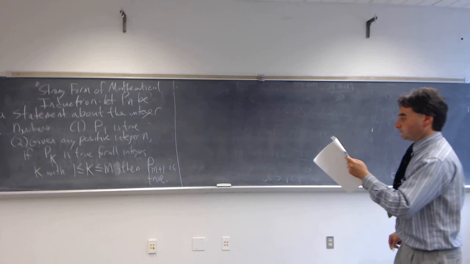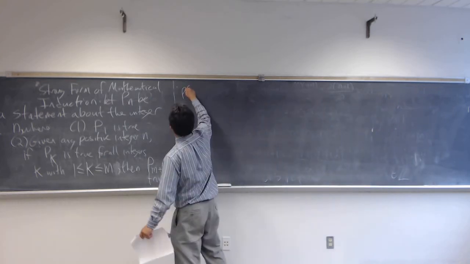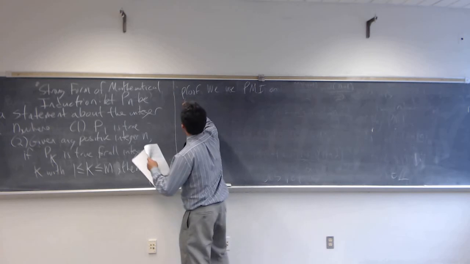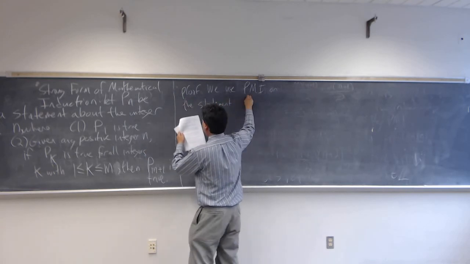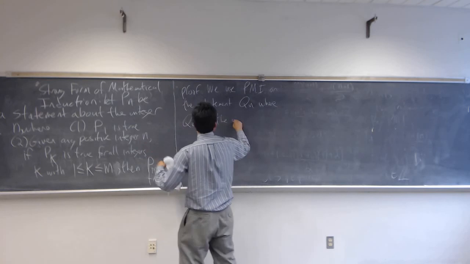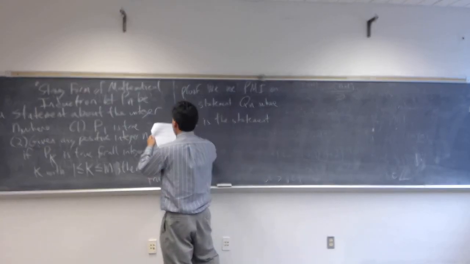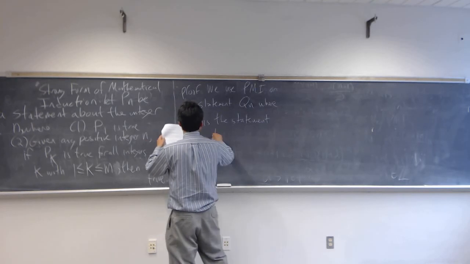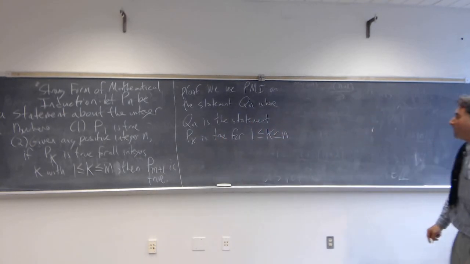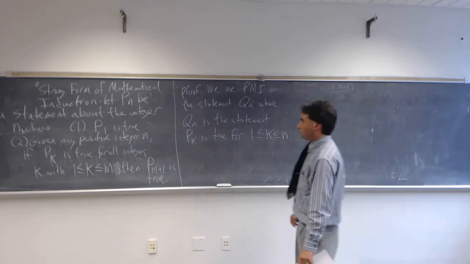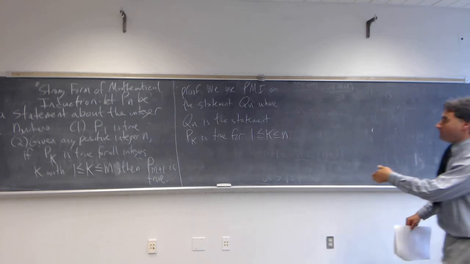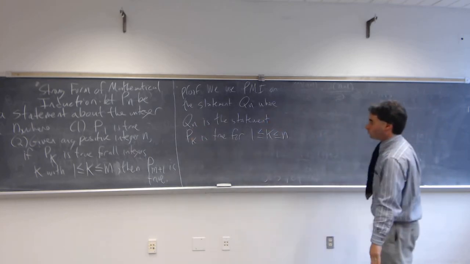So let's prove this. And what we do in the proof is we use just the regular principle of mathematical induction on the statement Qn, where Qn is the statement: Pk is true for all integers k between 1 and n. So we're going to prove this statement is true.